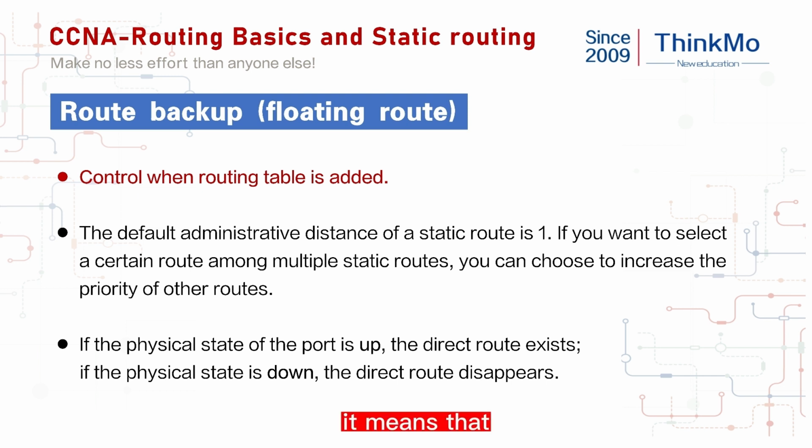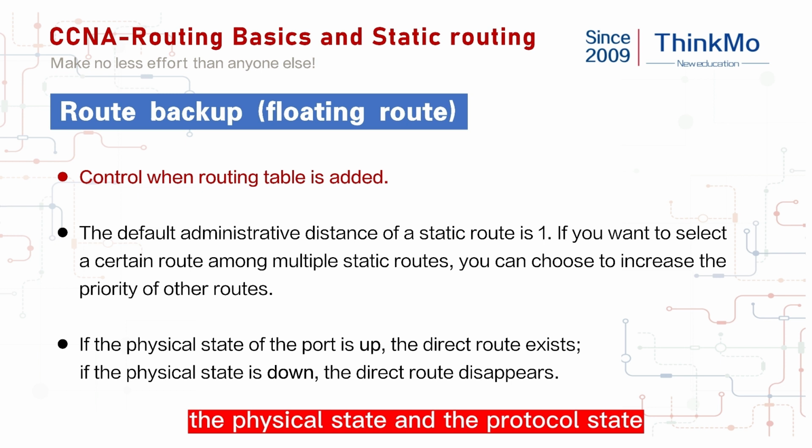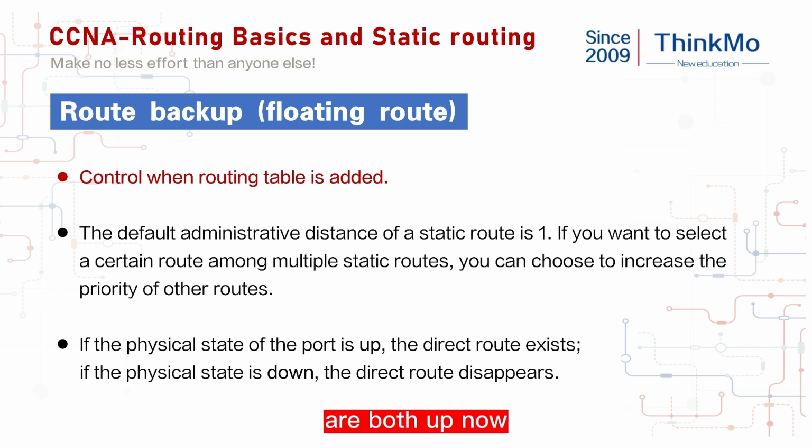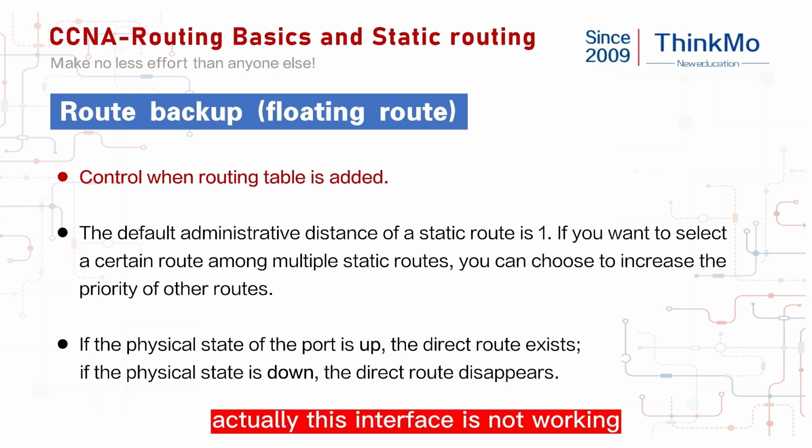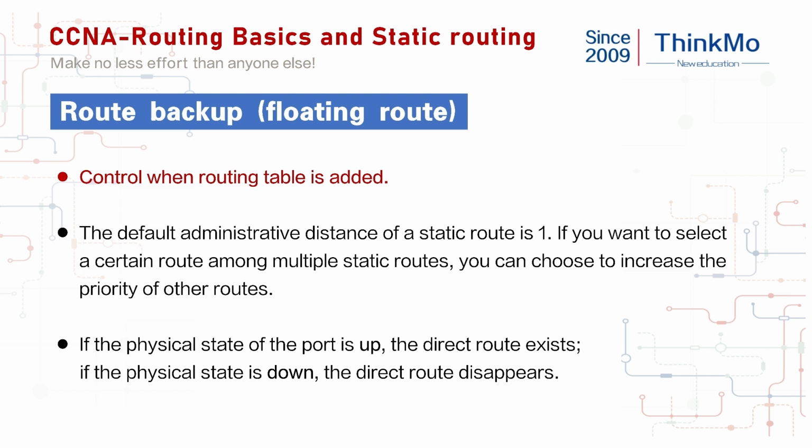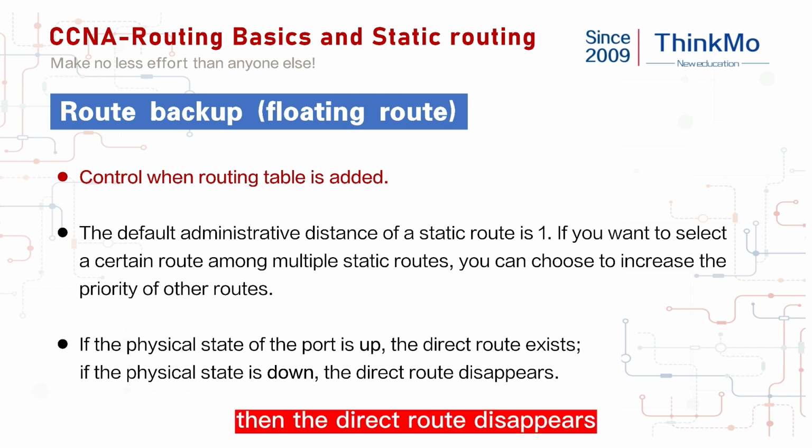It means the physical state and the protocol state are both up. A direct route will be generated. If the physical state is down, this interface is not working, and then the direct route disappears.